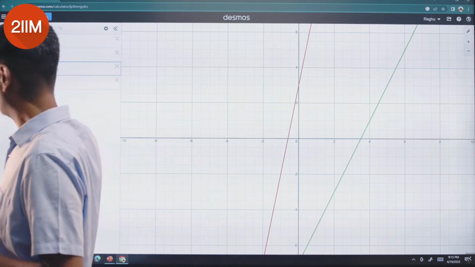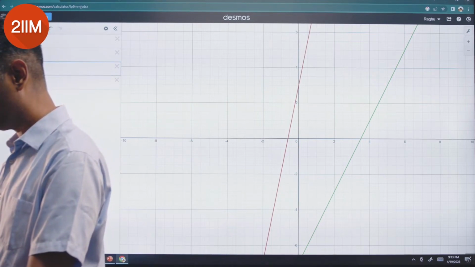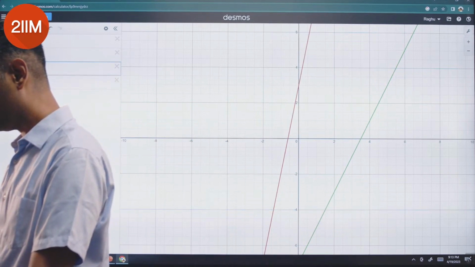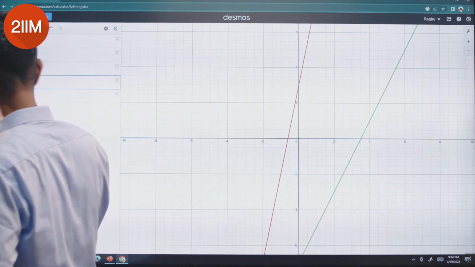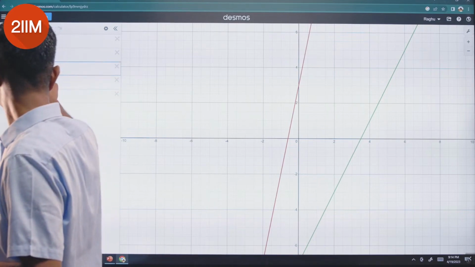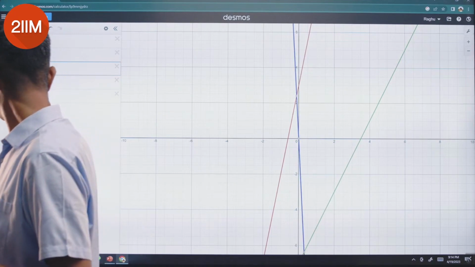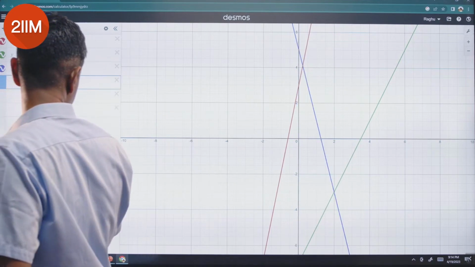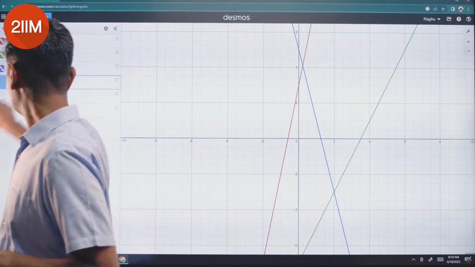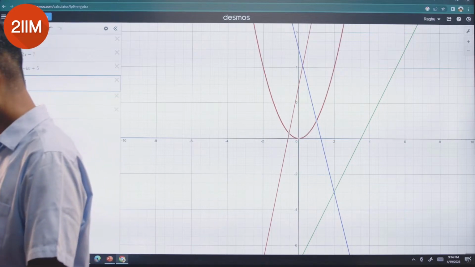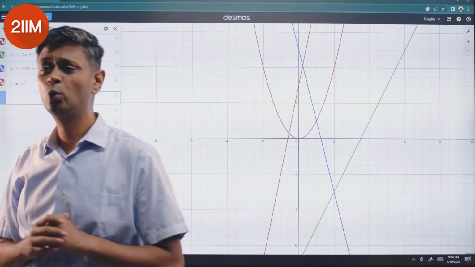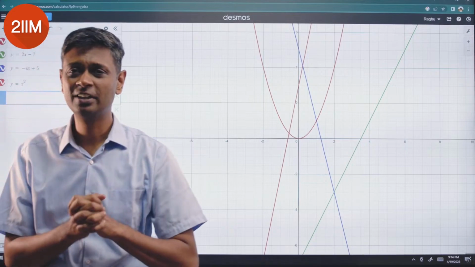Draw one more graph. You can say y equal to minus 4x plus 5. Of course, you have to do it without typos. So, you're done with this, then you want to say y equal to x squared. You could just type in functions and it draws graphs.